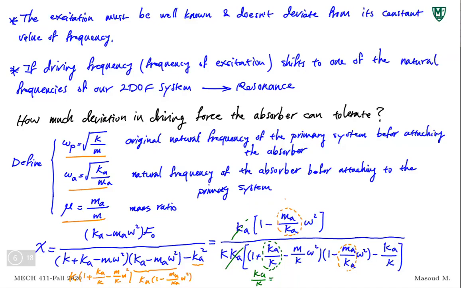Well, Ka would be ma omega a squared, right? I got it from here. I square both sides, then Ka becomes ma omega a squared. K would be m omega p squared.